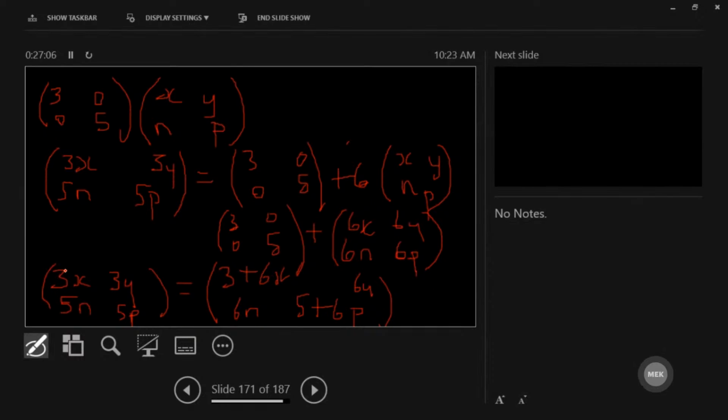So we just need to concern ourselves with this and this. So 3X is equal to 3 plus 6X. 5P is equal to 5 plus 6P. So let's solve for X first. So 3X is equal to 3 plus 6X.